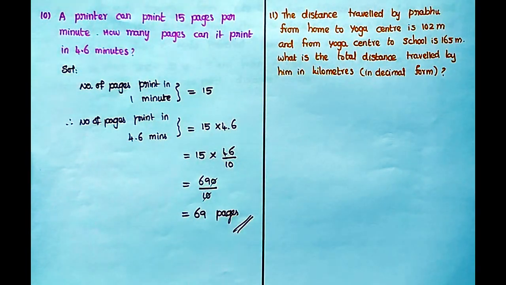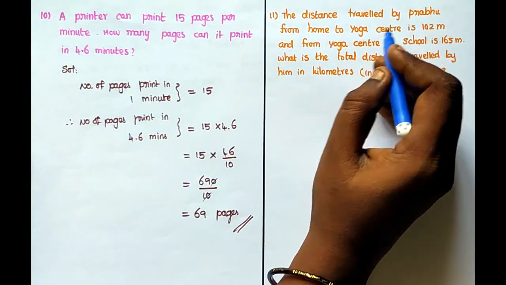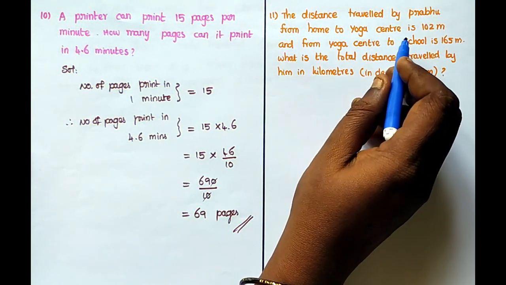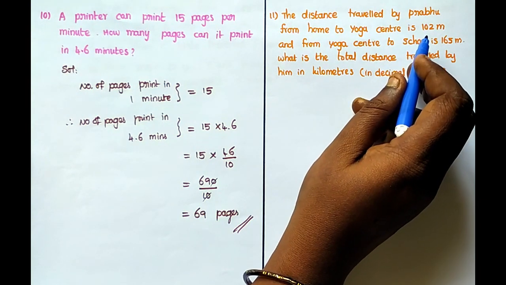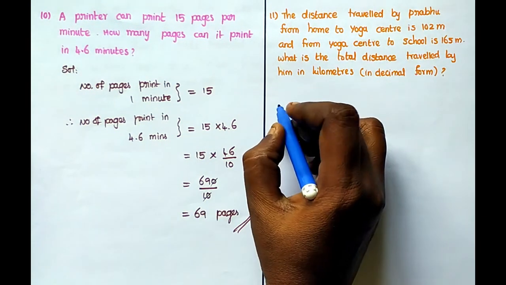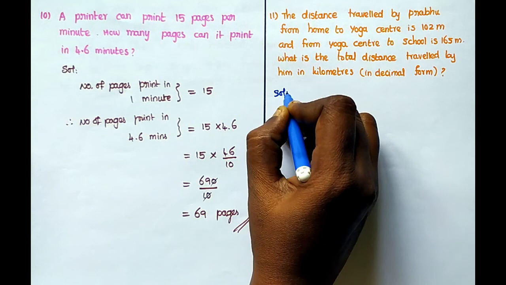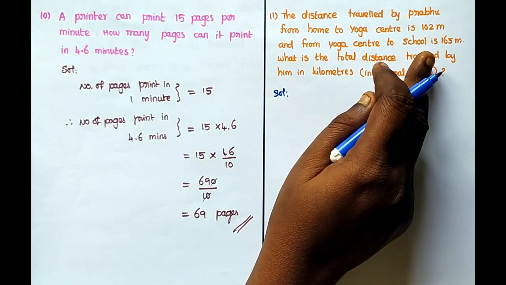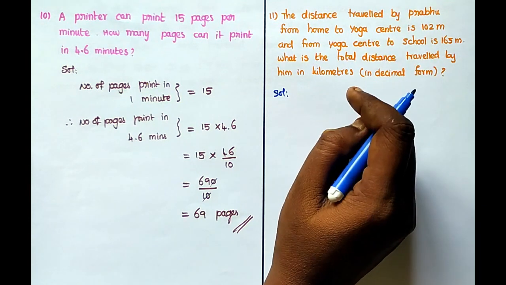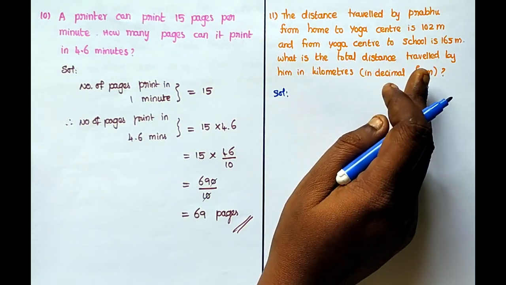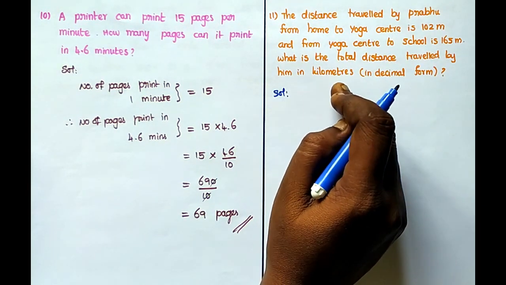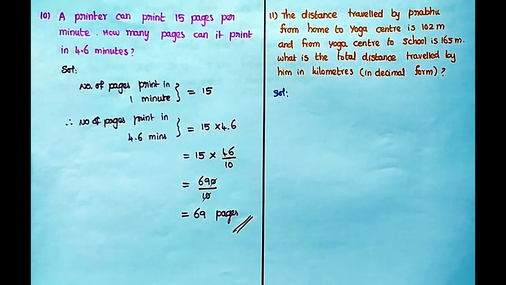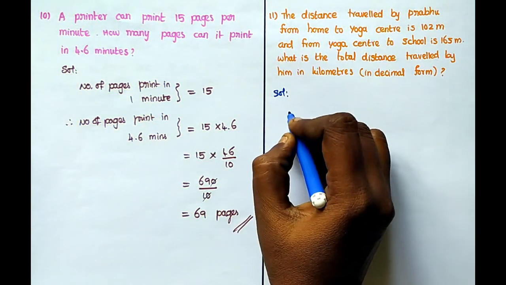Next one, the distance travelled by Prabhu from home to yoga center is 102 meter, and from yoga center to school is 165 meters. What is the total distance travelled by him in kilometers? Listen.